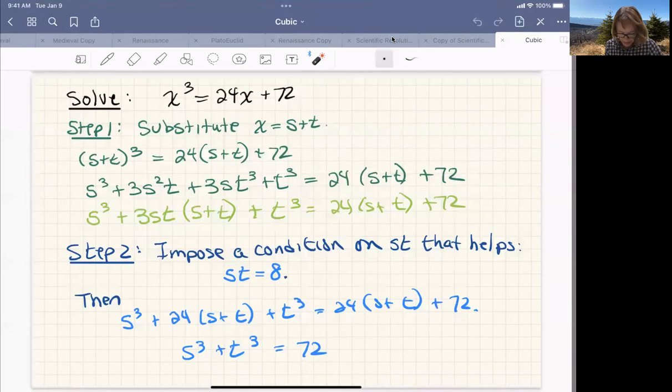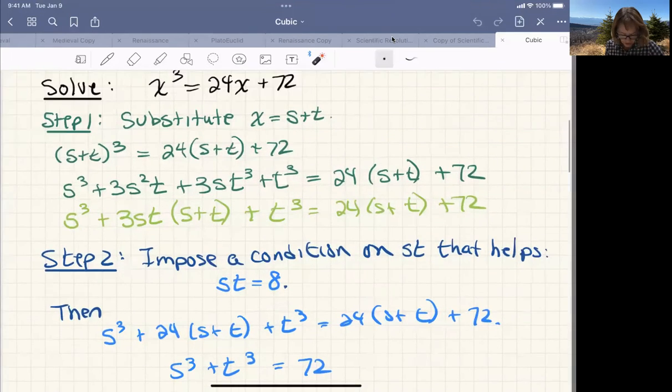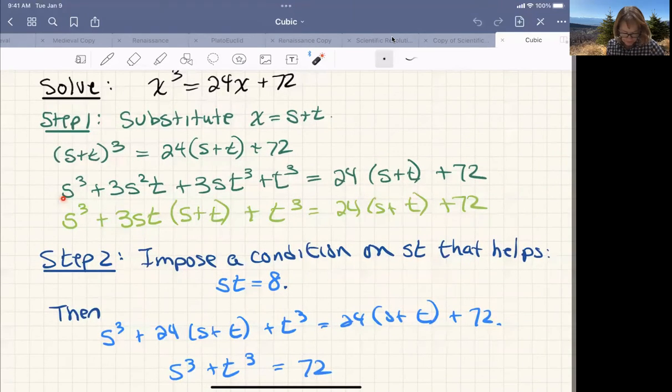Now, if we expand the left-hand side using the binomial coefficients, we get that s plus t cubed is s cubed plus 3s squared t plus 3st squared plus t cubed, equal to 24 times s plus t plus 72. Now, we actually don't bother expanding this out. It's because of a trick we're going to use.